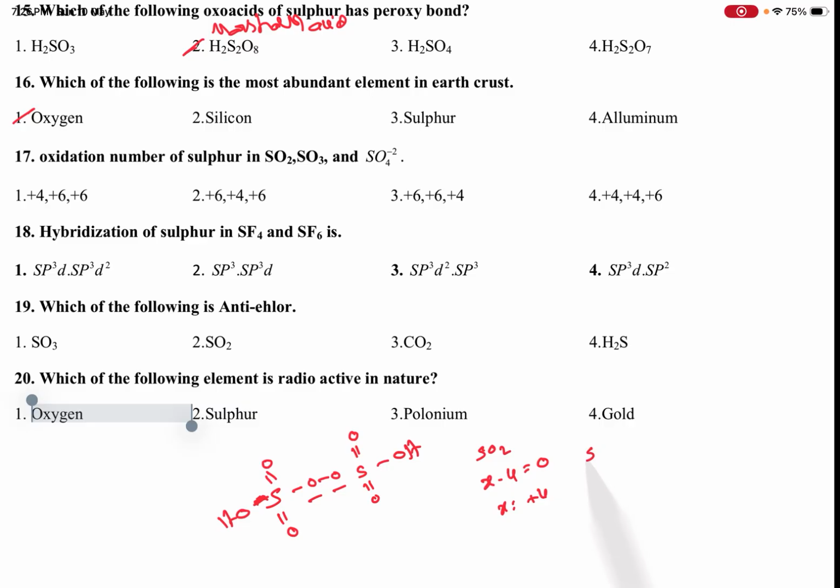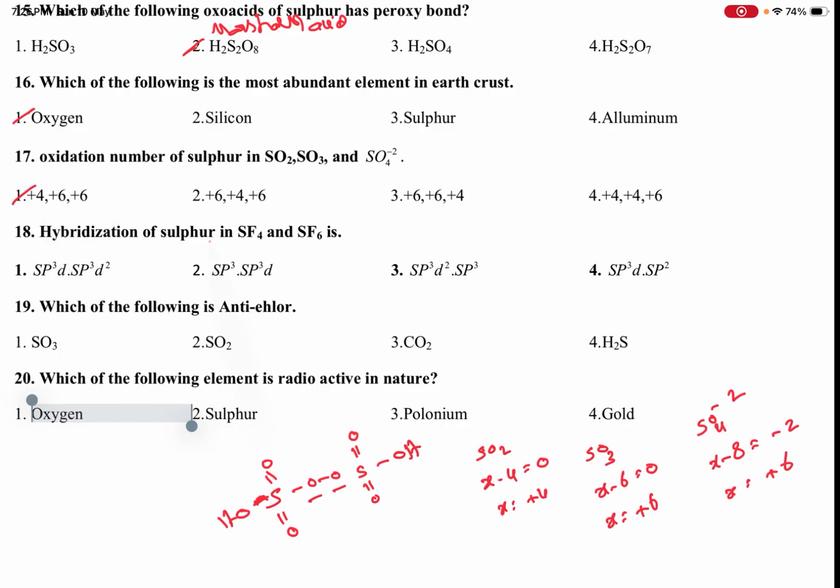Next, SO3: X minus 6 equals 0, X equals plus 6. Sulfate ion, SO4 2-: X minus 8 equals minus 2, so X equals plus 6. So the correct options are plus 4, plus 6, plus 6, present in option 1.